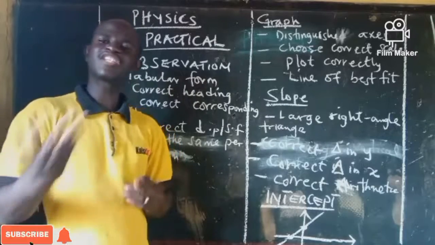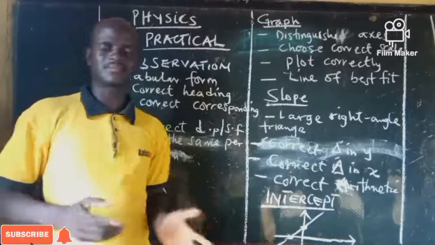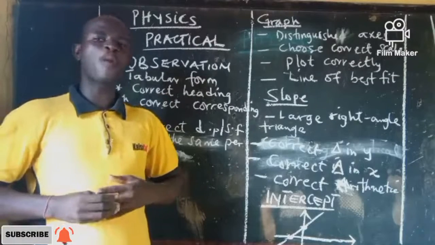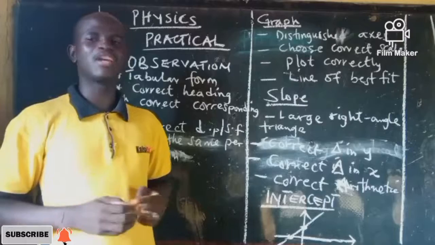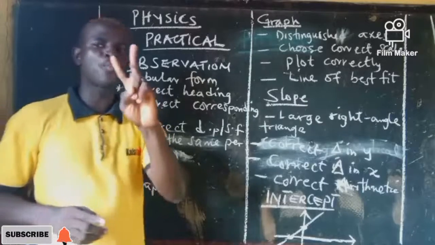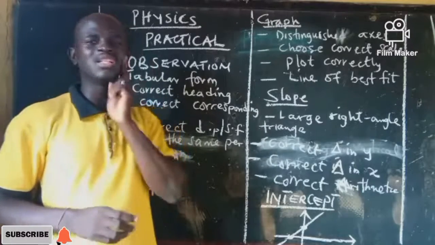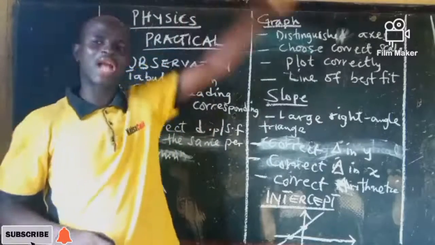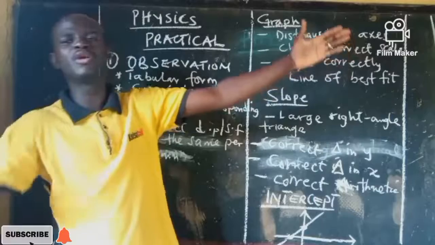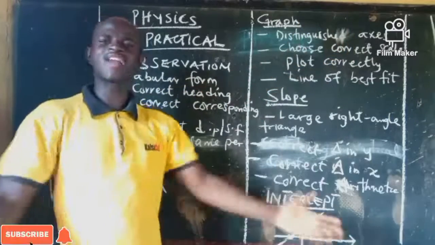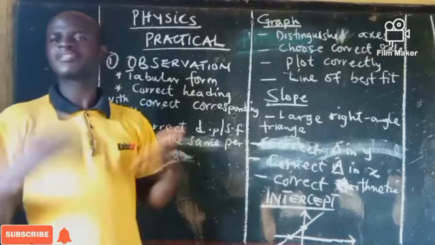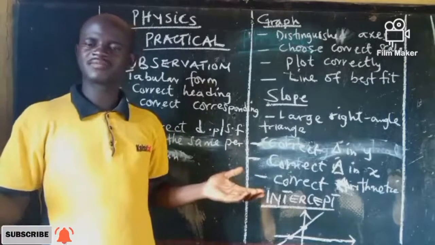And for 6 points, if only 4 points are on the same straight line, make sure that the remaining 2 points are evenly distributed. How do I mean? One will be above your line, one will be below your line. It's very, very important.